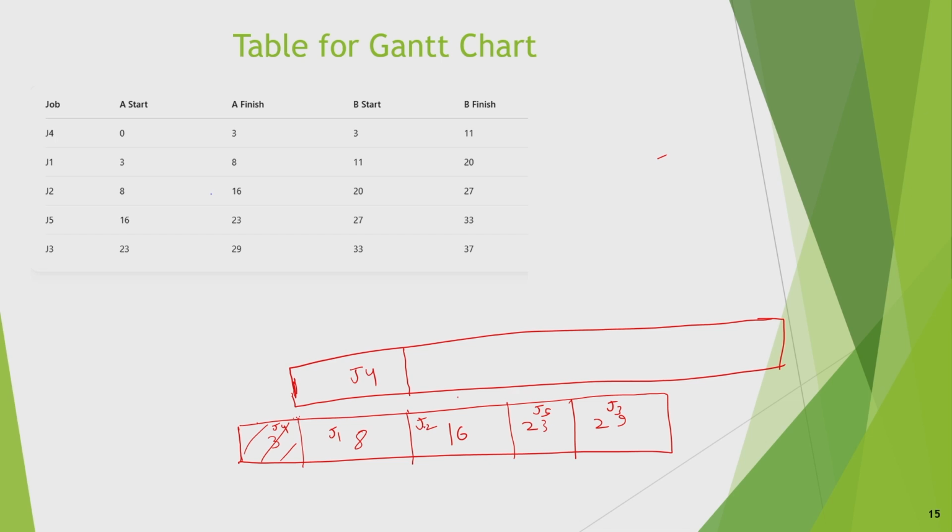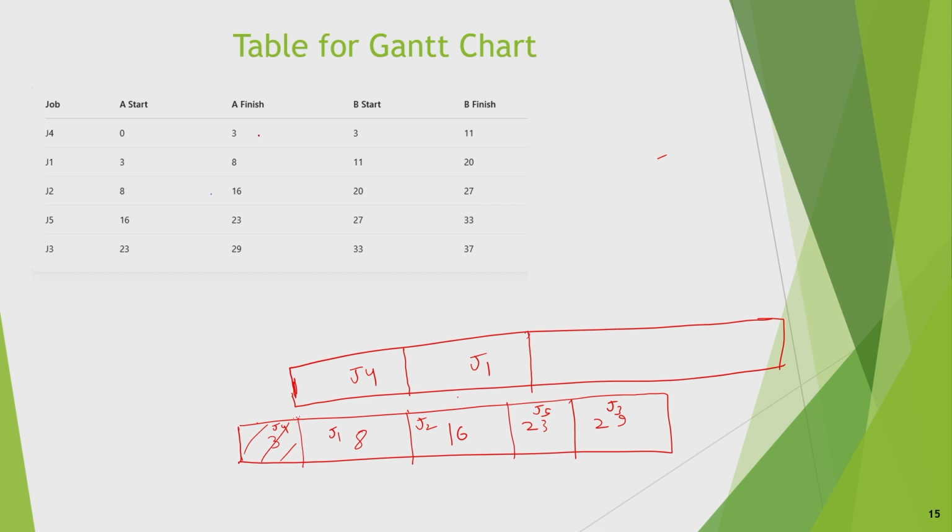So J1 can come after that only, okay. J1 can come here and then it will be finished at 20, something like that. And meantime you see that J2 is already finished here at 16, but it has to wait.